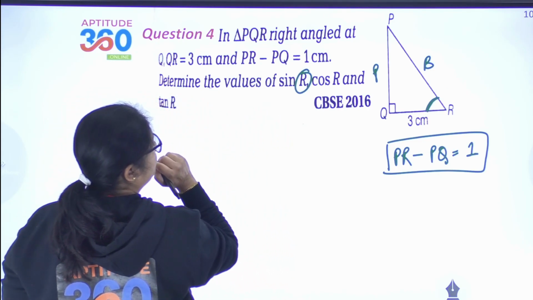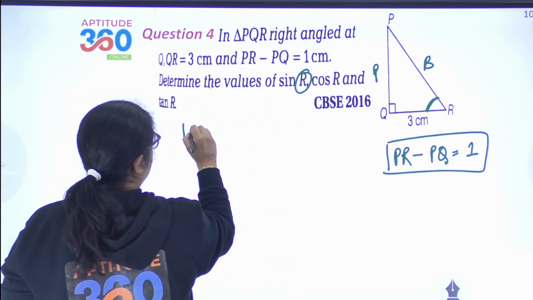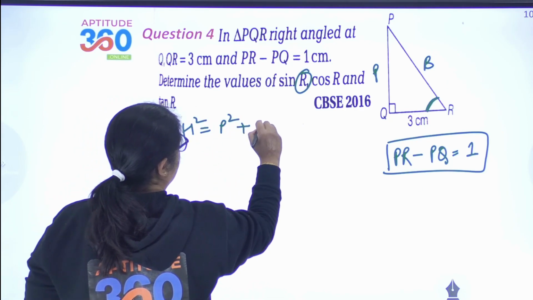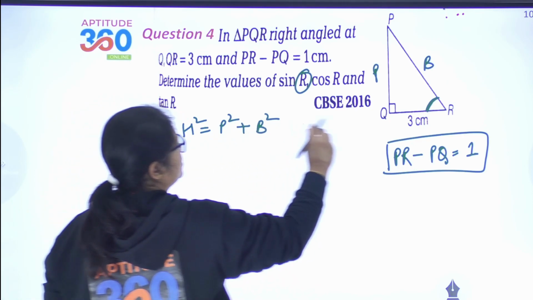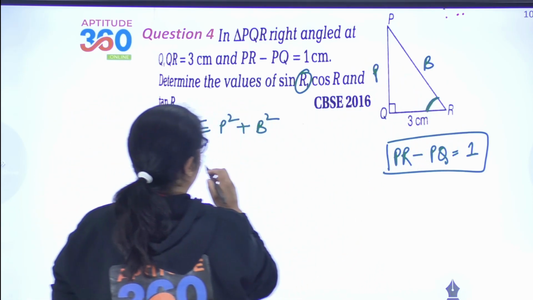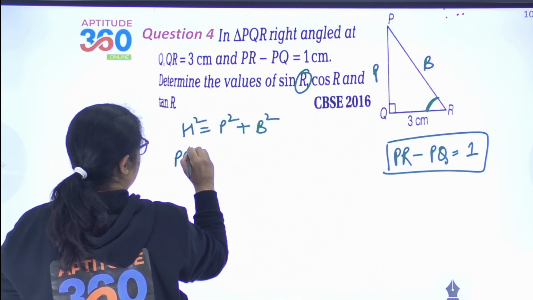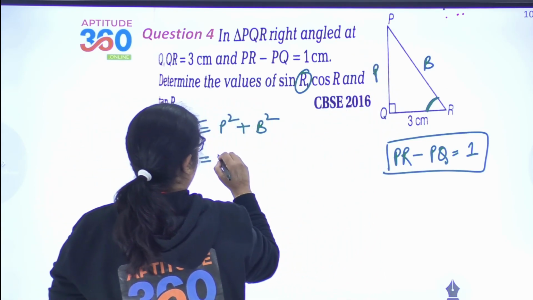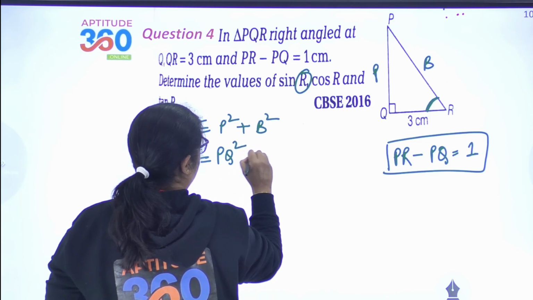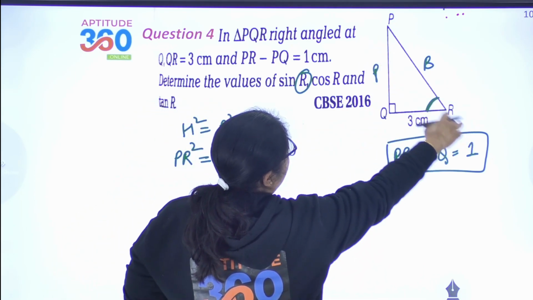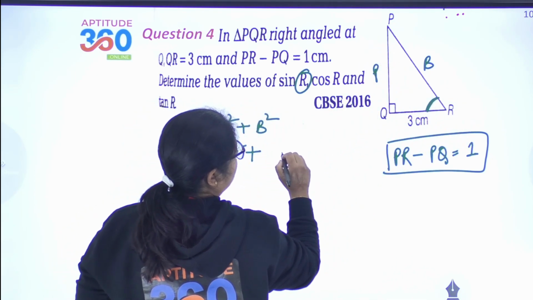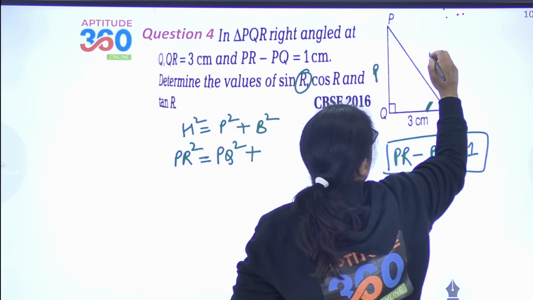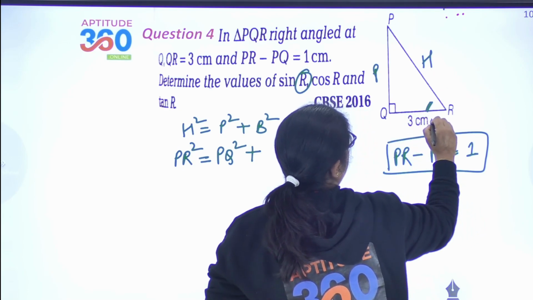So what does Pythagoras theorem tell me? H square is equal to P square plus B square. Now what is your hypotenuse? It is nothing but PR square, perpendicular is PQ square plus base is... this was my hypotenuse, my bad.